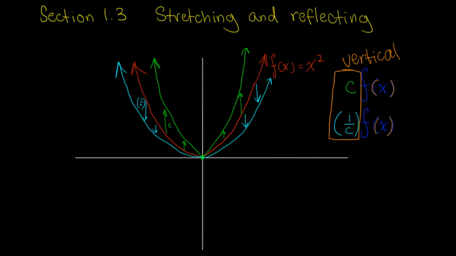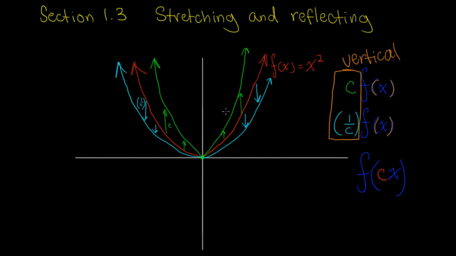And for example, what if I have f of c times x. Okay, multiplication of a constant inside the argument of the function. That is a horizontal shrinkage or compression.